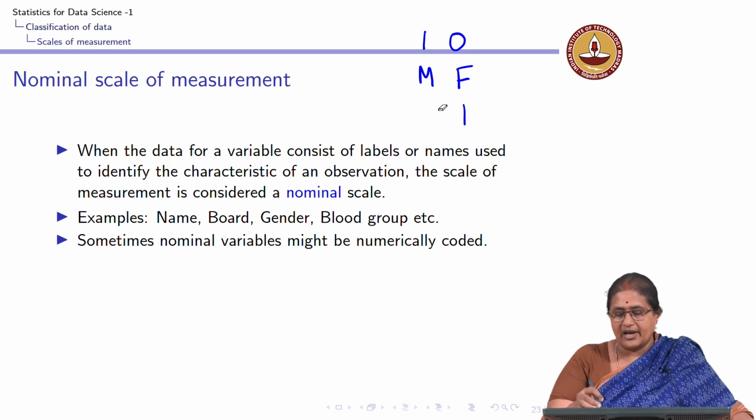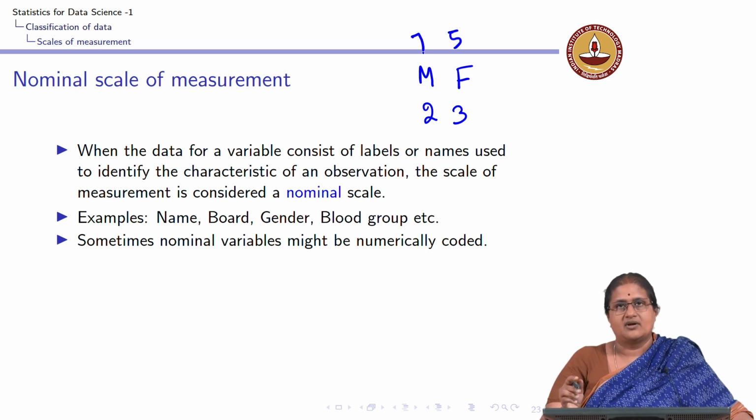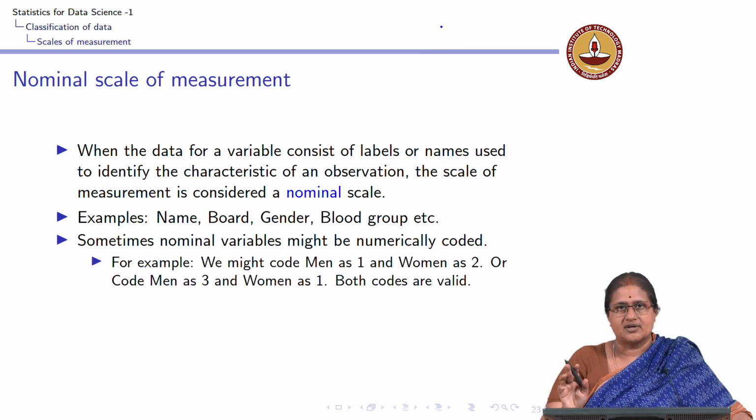I could label a man a 2 and woman a 3, or a woman a 5 and man a 7. All it says is this label has the same understanding. These numbers have no meaning when you are coding the nominal variables. Both the codes are valid. That is what we mean.